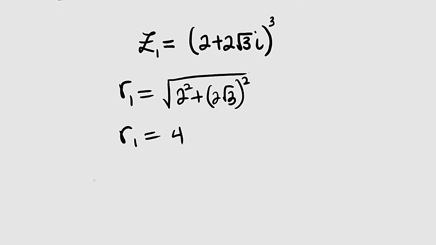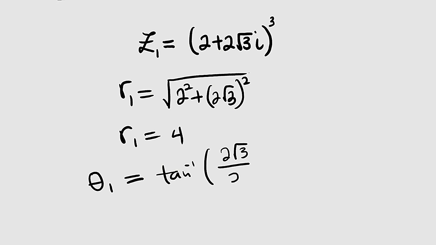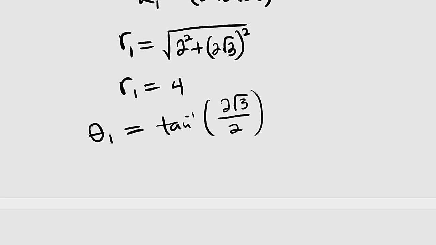Then what about theta 1? Theta 1, this is equal to tan inverse of the imaginary part, which is 2 root 3, then divide by the real part, which is 2. 2 root 3 divided by 2 is just root 3. And what is tan inverse of root 3? It is pi divided by 3. And therefore, theta 1 is equal to pi divided by 3.